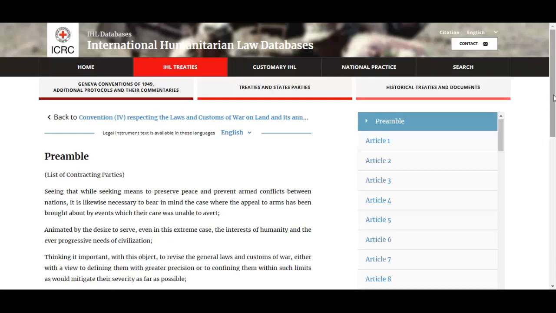Okay, so in the preamble, what you're looking at, it says list of contracting parties. So I'm going to read this list because it's fascinating in itself.